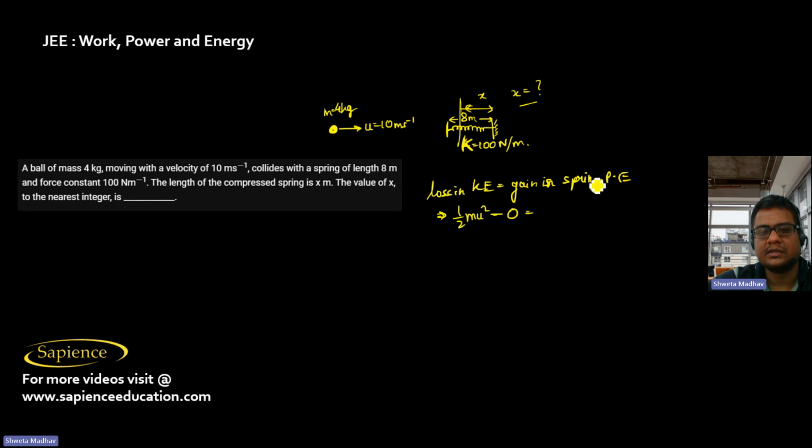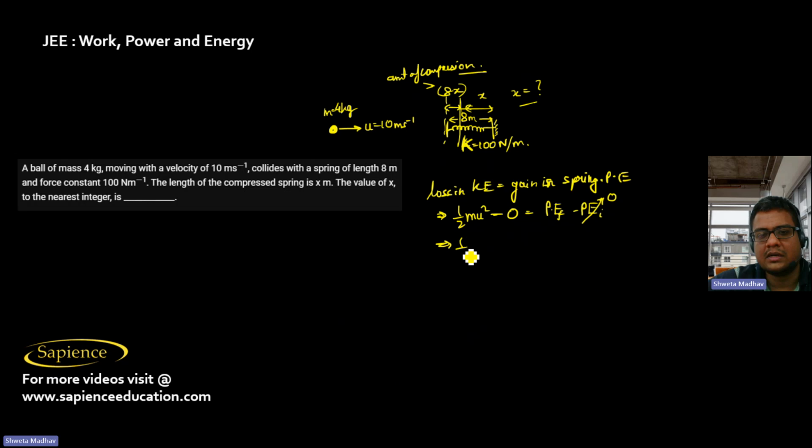The gain in spring potential energy means final potential energy minus initial potential energy. The initial will be 0, since initially the spring was not in the compressed state, and finally it is getting compressed by a length 8 minus x. So 8 minus x is the amount of compression in the spring. So this x you have to find out.